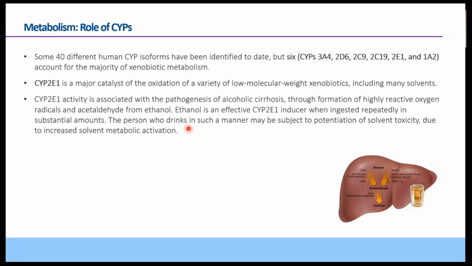The person who drinks in such a manner may be subject to potentiation of solvent toxicity due to increased solvent metabolic activation. So, in people who are consuming alcohol on a regular basis, CYP2E1 is induced, which causes potentiation of solvent toxicity.